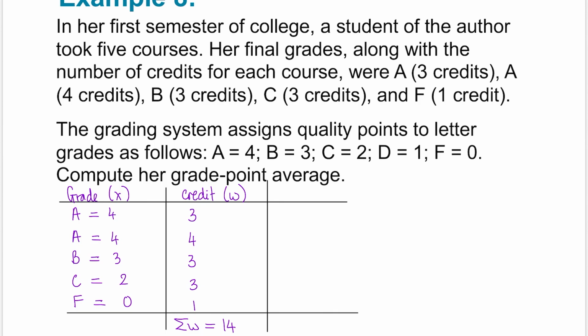Next, I'm calculating w times x. So I'm going to multiply these 2 numbers. So I have 4 times 3 is 12. 4 times 4 is 16. 9, 6, and 0. Then I am going to add all of these up, and I get 43.